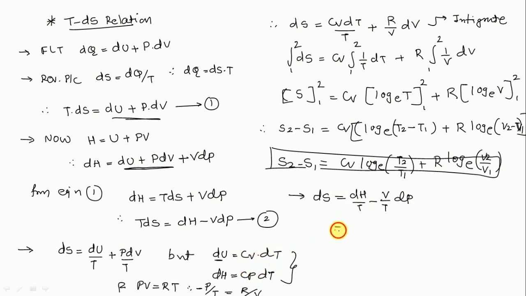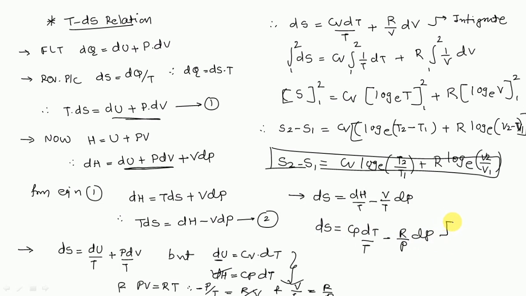So here you can take the value Cp dT by T minus V by T. From the PVT relation, V by T is equal to R upon P. So we have two equations, one is dH and second one is V by T. If you put over here, Cp dT by T and V by T is R upon P into dP. Okay, ds is equal to this.